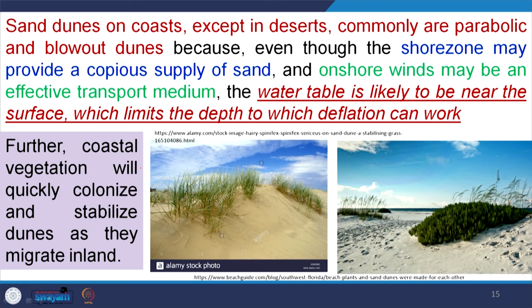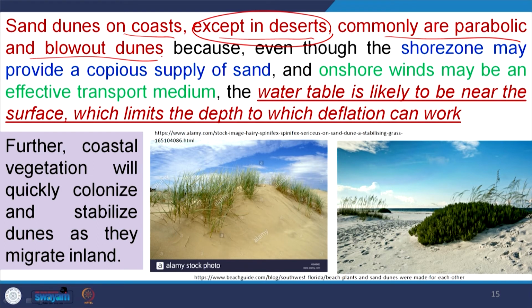Sand dunes on coasts, except in deserts, are commonly parabolic and blowout dunes. In deserts we do not have vegetation or much vegetation. So sand dunes on coasts, with the desert as the exception, are commonly parabolic and blowout dunes, because on the coast we have vegetation.